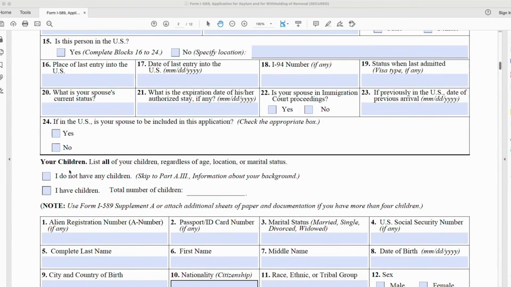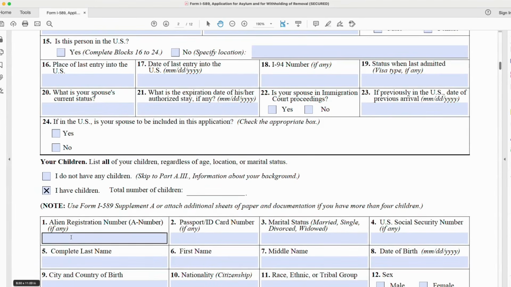Next, the form asks whether you have children. If you do not have children, select the box that says, I do not have any children. If you do have children, select I have children, and write how many children you have in the blank space here to the right.